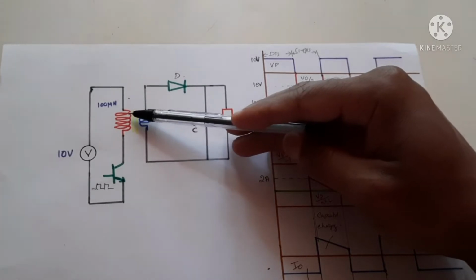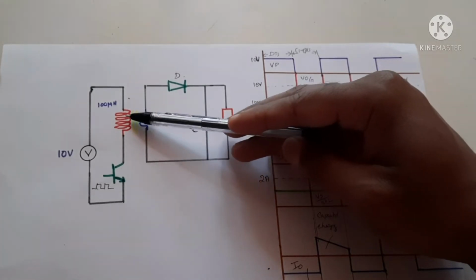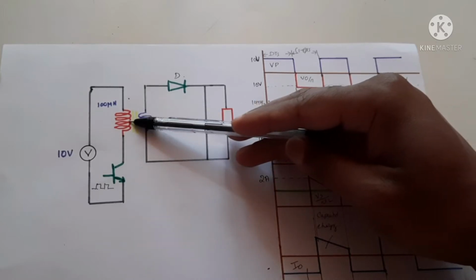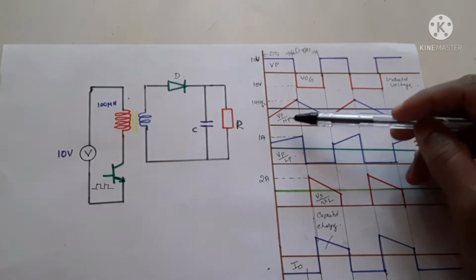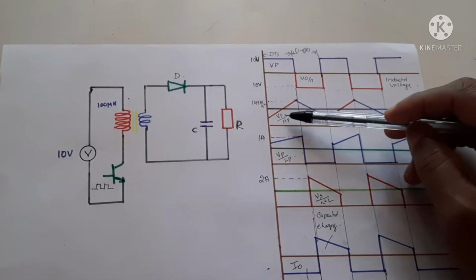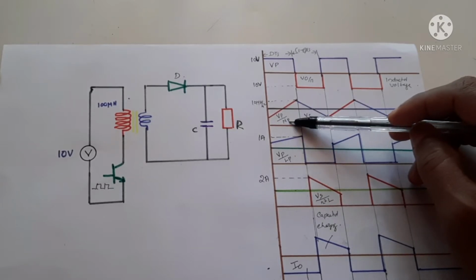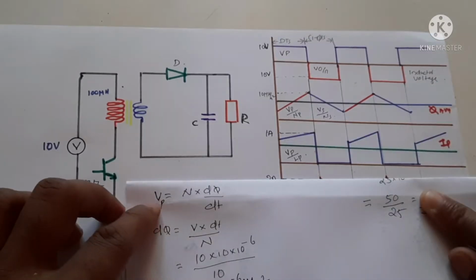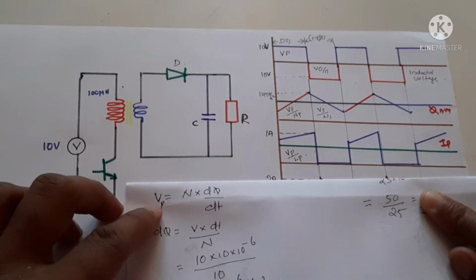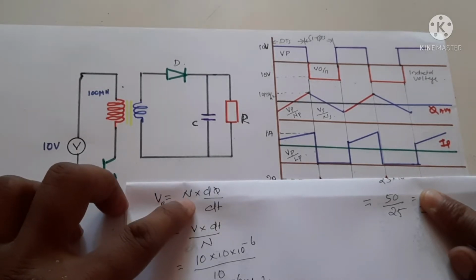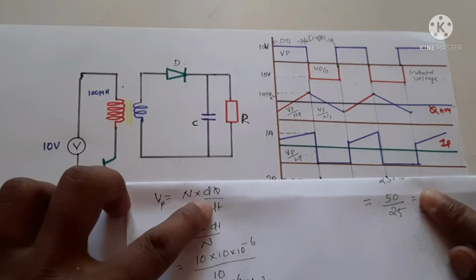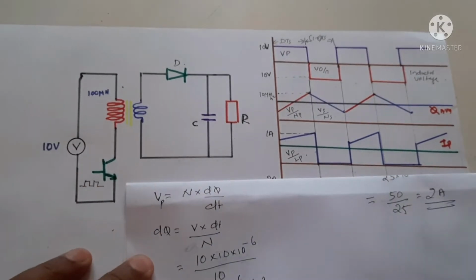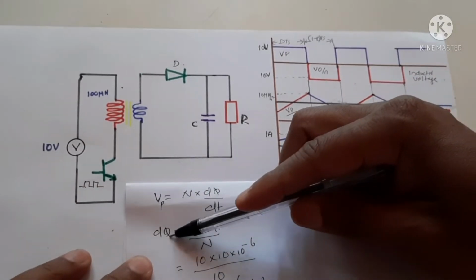So when current is going through this coil, the coil will create a flux that is producing the counter EMF, and the flux is given by the primary voltage divided by number of turns. As we know, the induced EMF is equal to number of turns into change of flux. From this equation we can find out the flux.